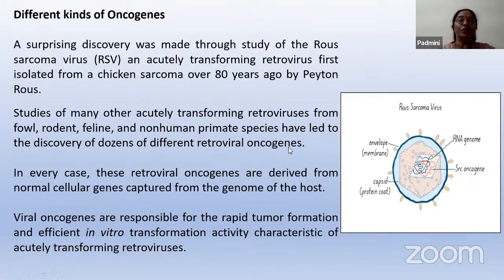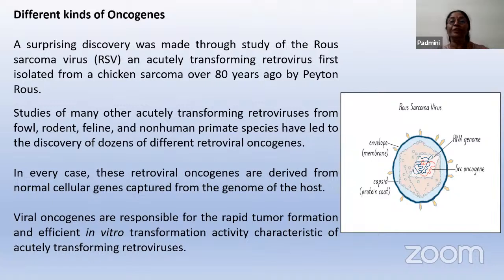You must be wondering, why are we talking about viruses? Viruses are also one of the reasons for cancer development. That is why we are going to talk about them, and we know about them thanks to Peyton Rous, the scientist who discovered the Rous sarcoma virus in the chicken.